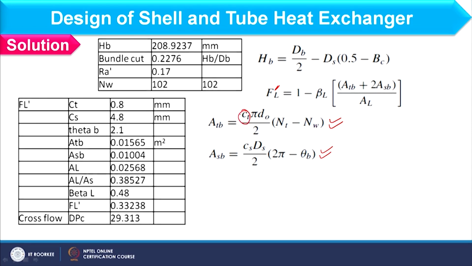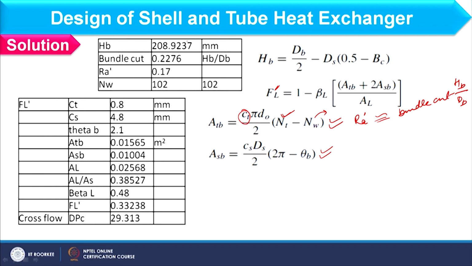So, CT value is already fixed as 0.8, NT 600 is already given. Now, you have to find out NW, and for that you have to find out RA dash, okay, because NW is equal to NT into RA dash, and for that RA dash you have to find out bundle cut, okay, and that should be equal to HB by DB.